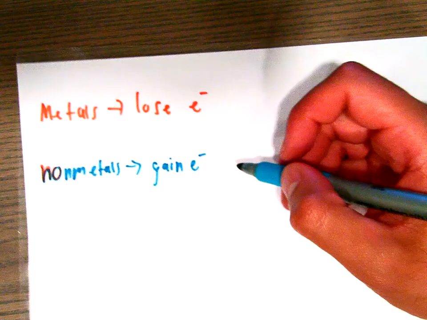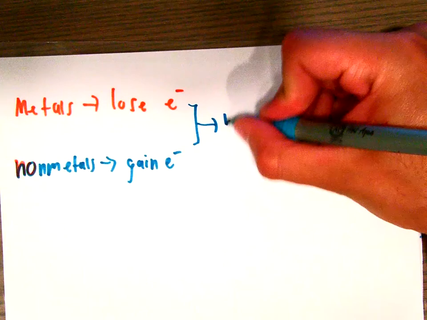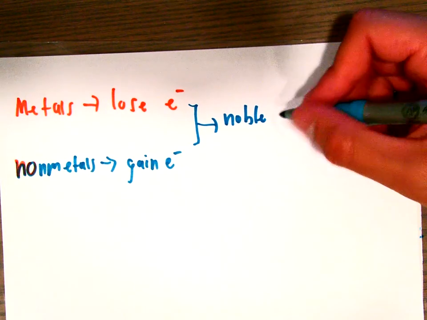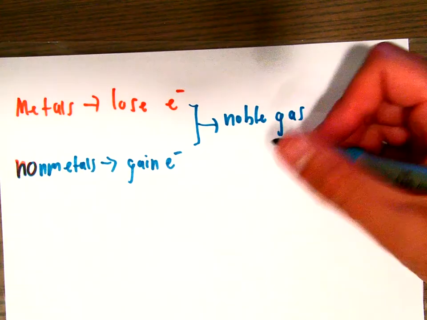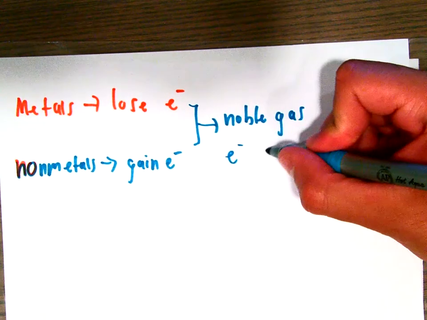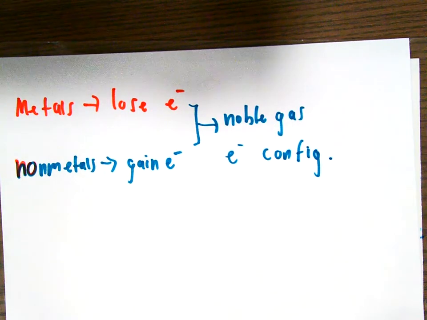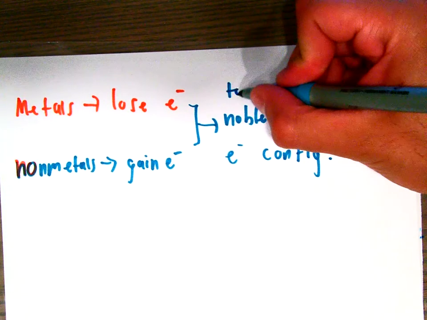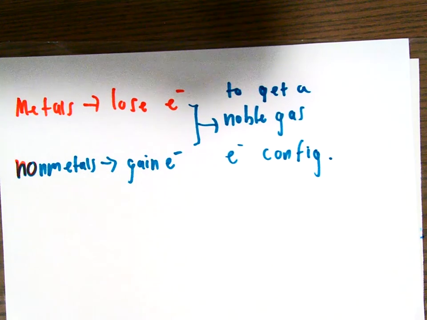And the reasoning behind this is because everything wants to have a noble gas configuration. Everything wants to be stable like the noble gases. All the elements want to be stable. So noble gas electron configuration. Okay? Or rather, the reason they do this is to get a noble gas configuration.